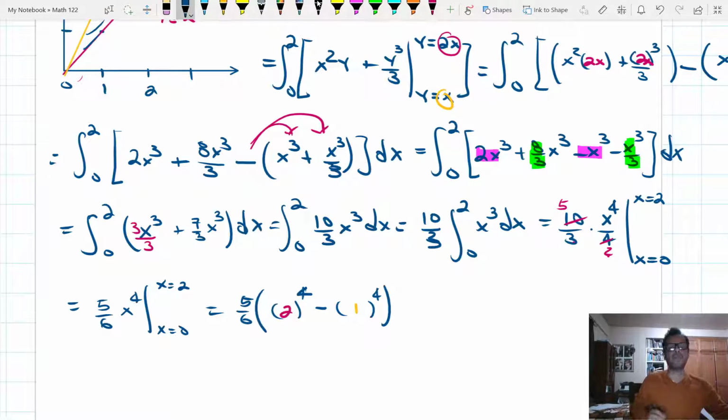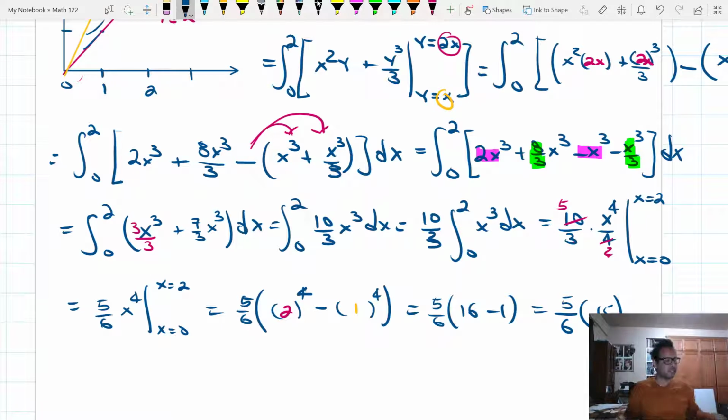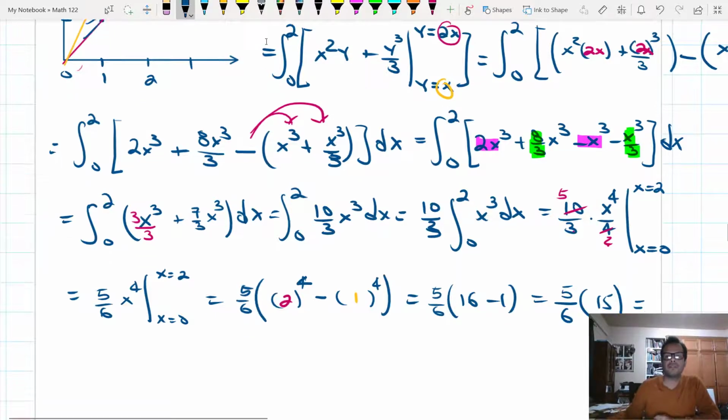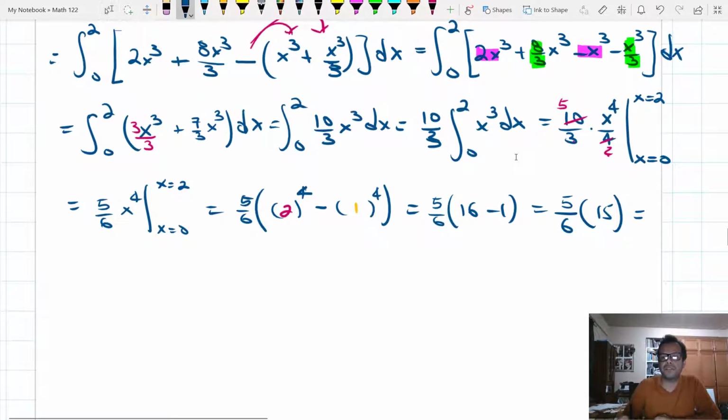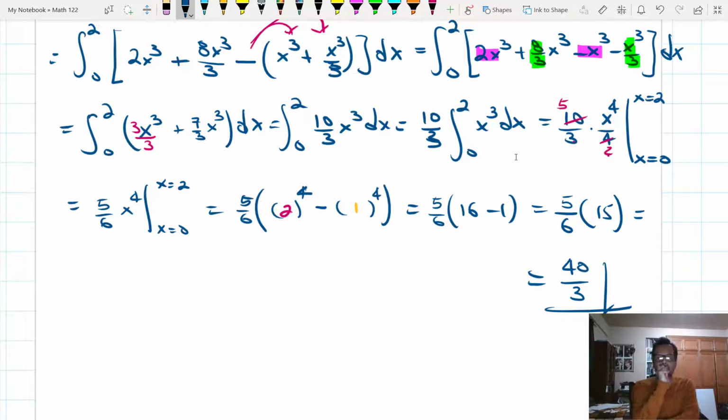Okay, so 2 to the 4th power, that's going to give us 16 minus 1, which is 5 over 6 times 15, right? Which in this case reduces to 40 divided by 3. So that's the final answer, okay?